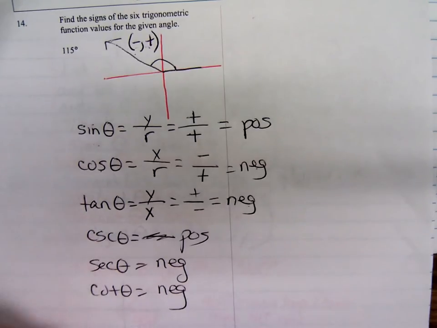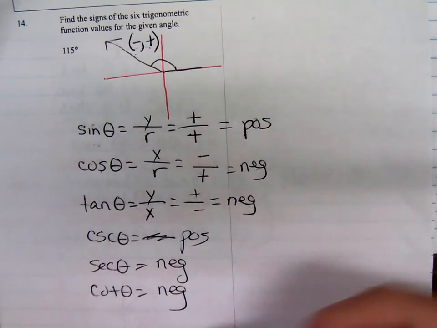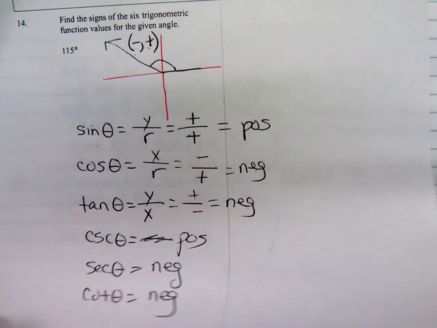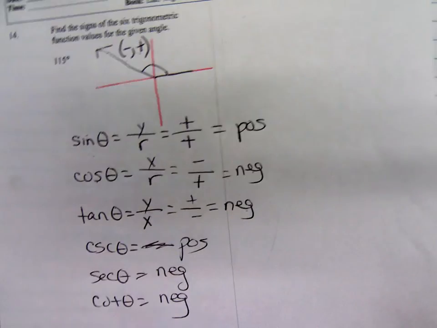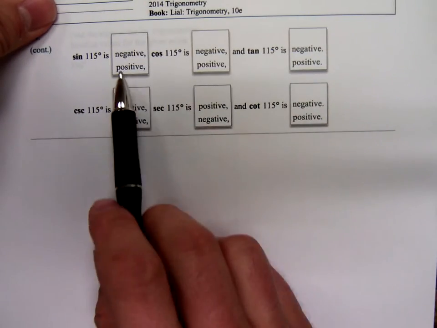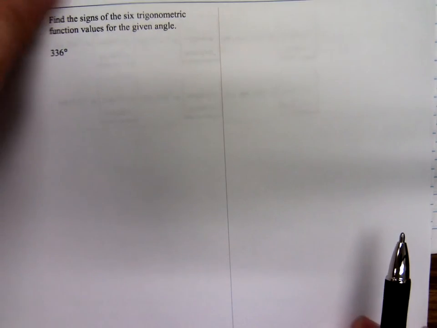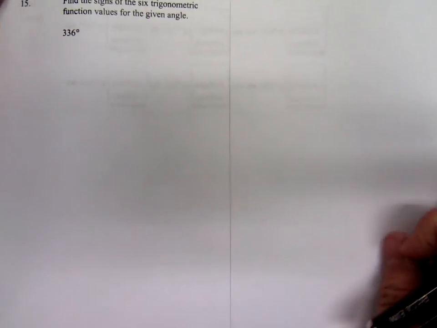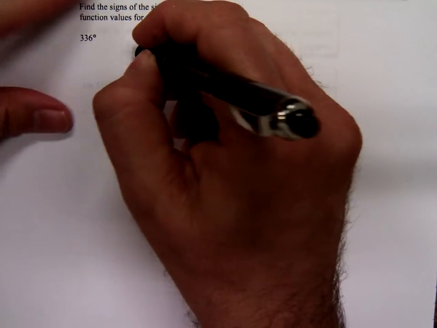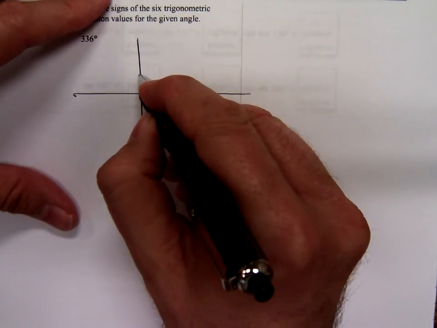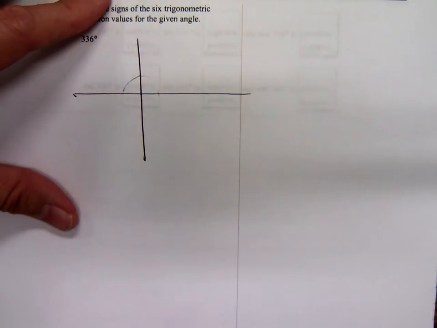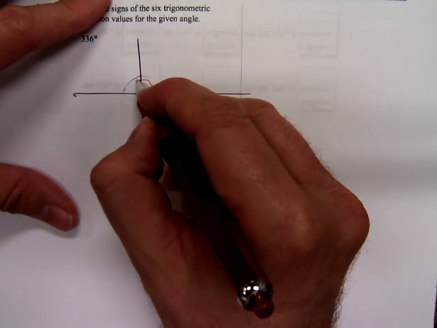And you'll answer these questions on MyMathLab with a little pull-down menu. Okay? And then problem 15, the exact same thing. 336 degrees. Where would that be? Let's see, 90, 180, 270.